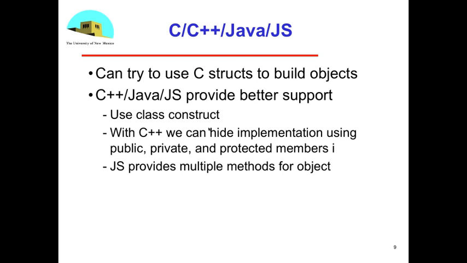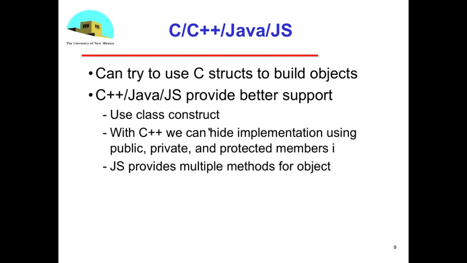Okay. Now, if you look at how you support this, one way, if you're a C programmer, is you use structs to build objects. A better way is what you do with C++ or Java, where you have classes and you can have both public and private members. If it's C++, you have protected members. But you have ways that you can hide.